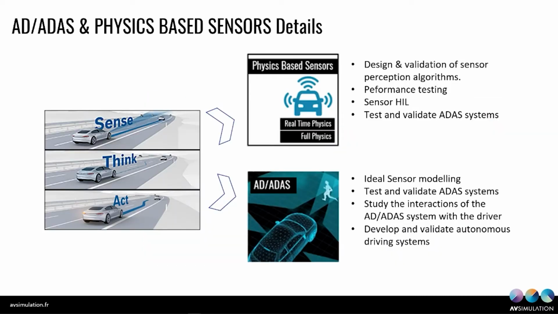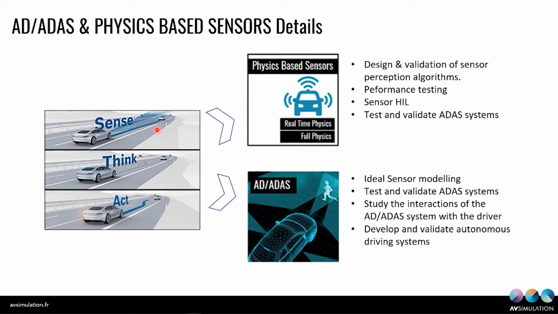Just to explain a bit more what I said about different kinds of sensors when taking the optional physical-based sensor pack. A sensor for ADAS has 3 different steps. The first step is to sense what is on the road.